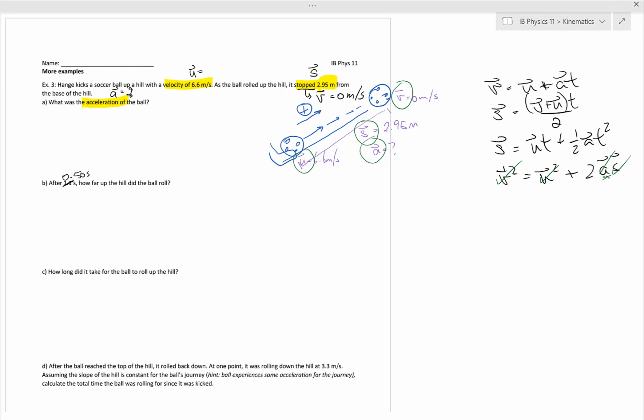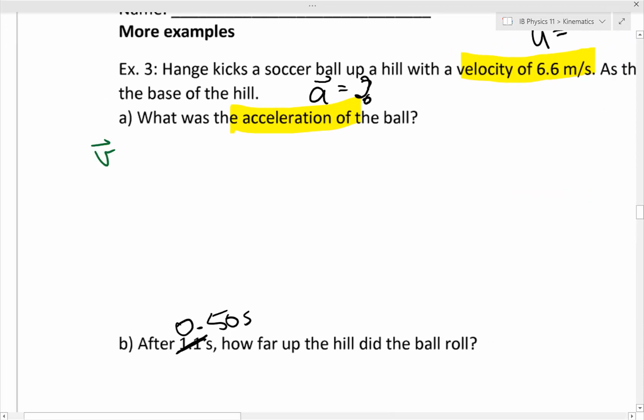So let's write this one down, and since we're solving for the acceleration, we need to do some rearranging to give us our unknown. Now, before we do that, we know this final velocity is 0. We can just cancel that one out. We don't have to deal with it when we are rearranging for the acceleration. I'm going to move u to the other side.